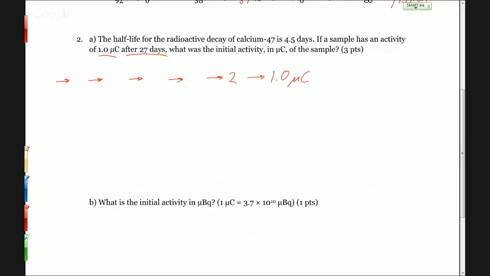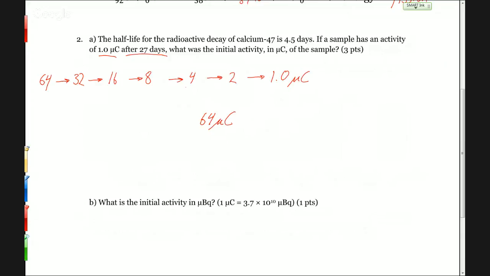So that's 2, 4, 8, 16, 32, 64. If you cut 64 in half 6 times, you get 1. So that means the initial activity was 64 microcuries. Did anybody do it the opposite way, start at 1 and then go from there? No? Good. Okay.